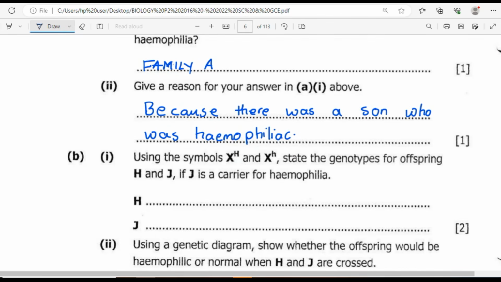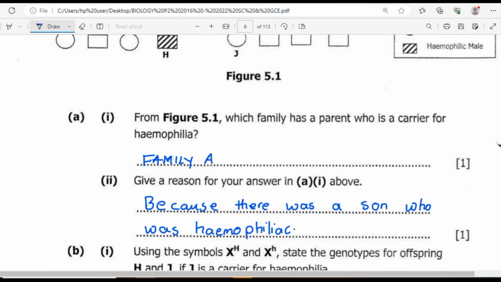Now B1, using the symbols X^H capital letter and X^h small letter, state the genotypes for offspring J and H if J is a carrier for hemophilia.